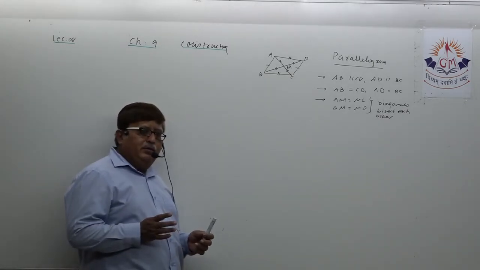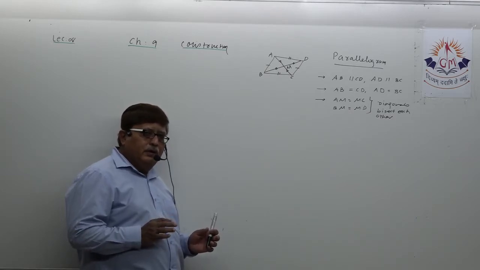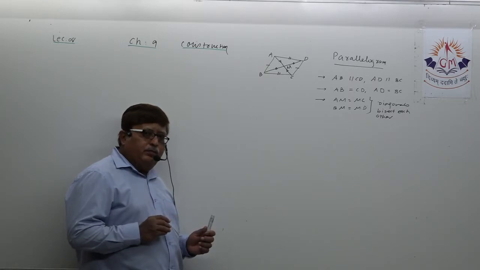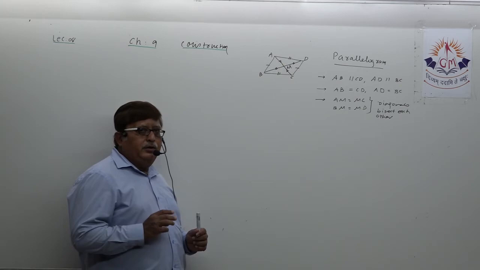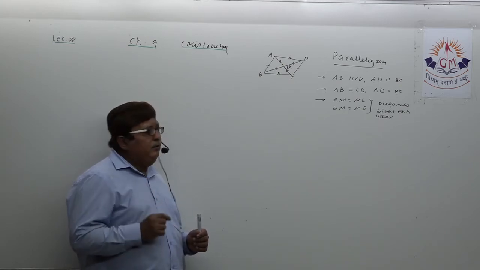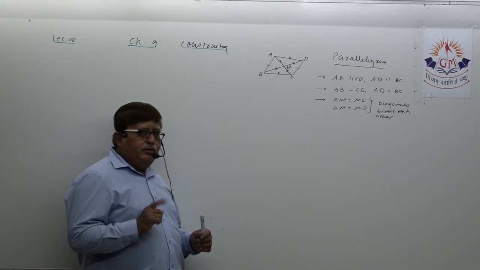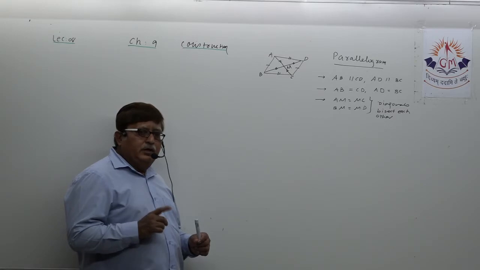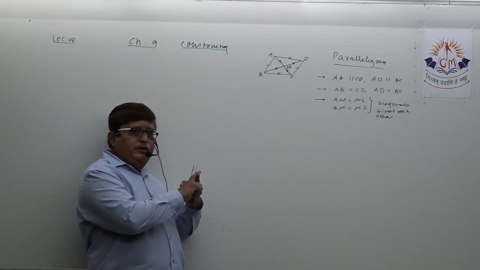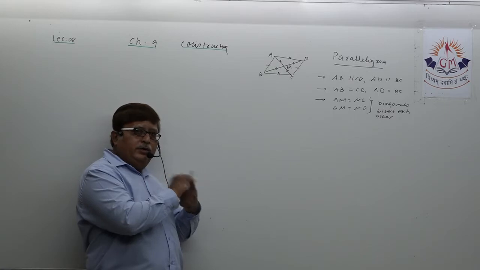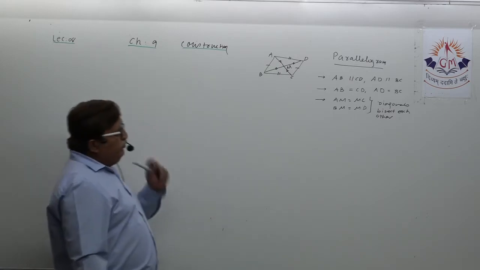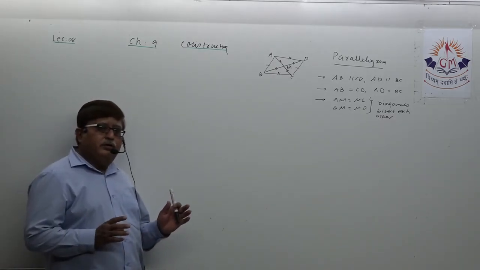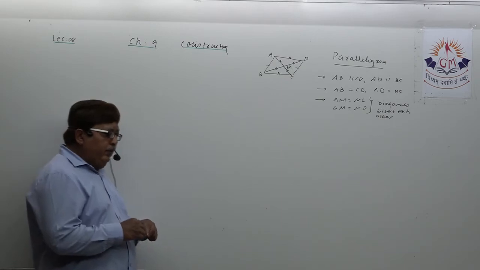That is all okay, but the three properties which are actually going to help you for construction of parallelogram are these: opposite sides parallel, opposite sides congruent, diagonals bisect each other. That means both the diagonals intersect each other at their common midpoint. This property will be sufficient for construction of parallelogram.